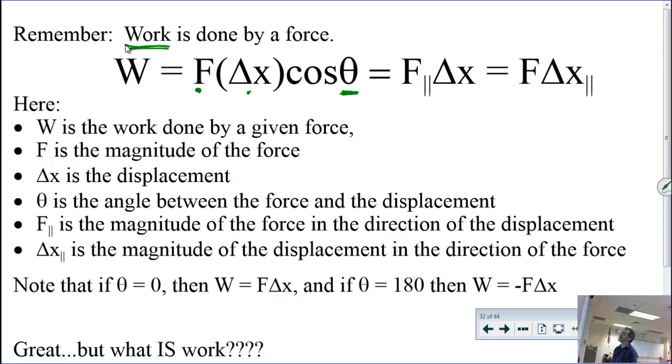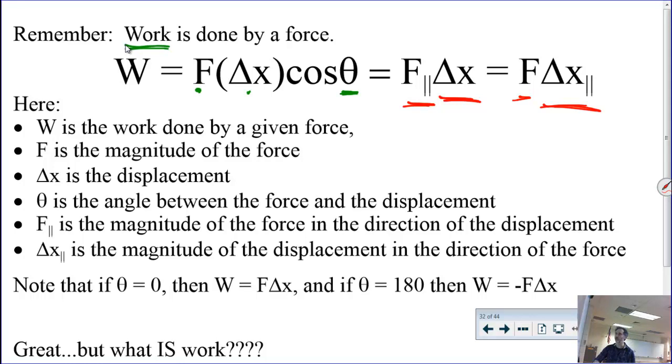And then we learned that you could think of that as, we could figure out what the displacement is, and then multiply that by the component of the force that's parallel to that displacement. Or, similarly, find the force and multiply it by the component of the displacement that's parallel to the force. Big things to remember: work is a scalar, so it doesn't have direction.